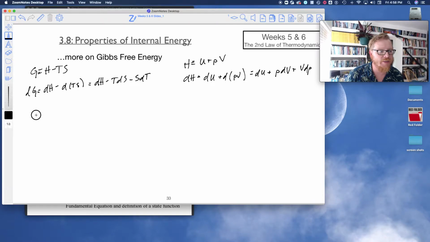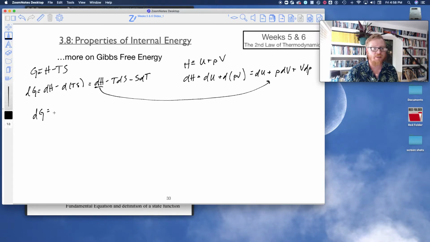So now I can say that dG equals, all right, I know dH is all this, so let's write all that down, okay? So dH is all this junk. So that's dU plus PdV plus VdP, okay? And that's now minus TdS minus SdT.